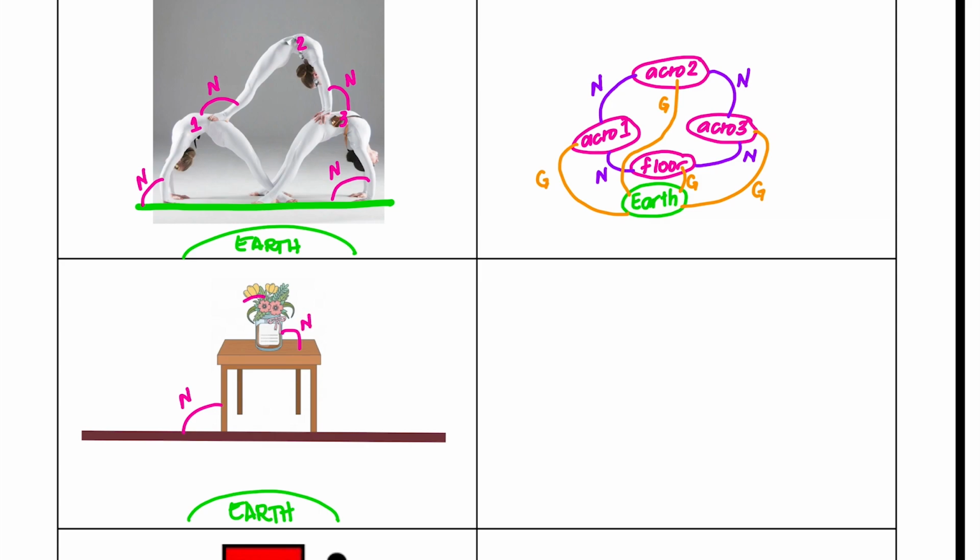The flowers inside the vase, that's also a normal force. Since nothing looks like it's moving, we can assume that nothing is moving and there's no sliding happening. We've got the floor and the Earth, table and Earth, vase and Earth, flowers and Earth.